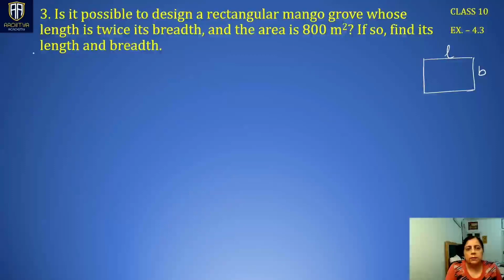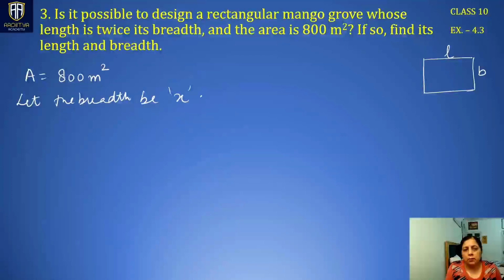Now what is the relationship given to you? First of all, area is given as 800 meters square. Next it says whose length is twice its breadth. So we can assume, let the breadth be x meters. Unit is in meters square, so length and breadth are in meters.